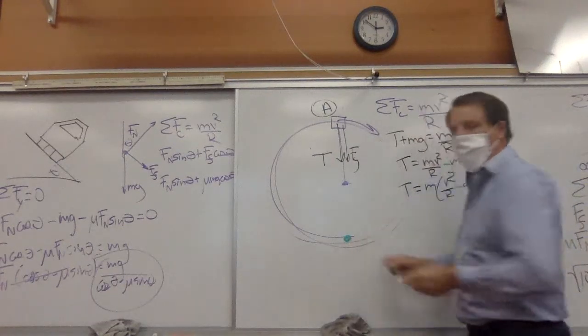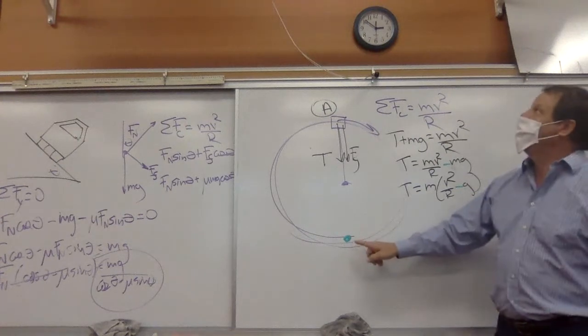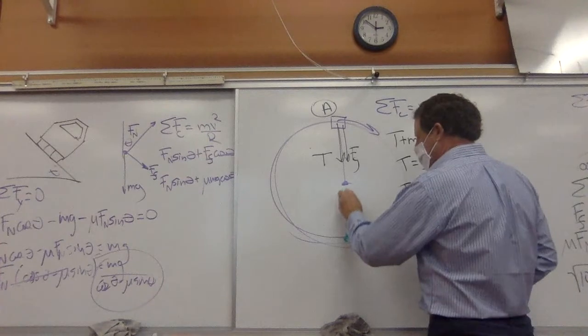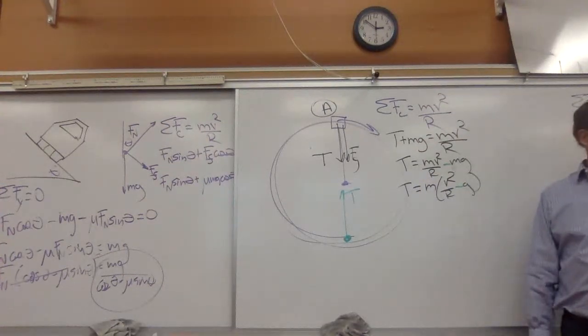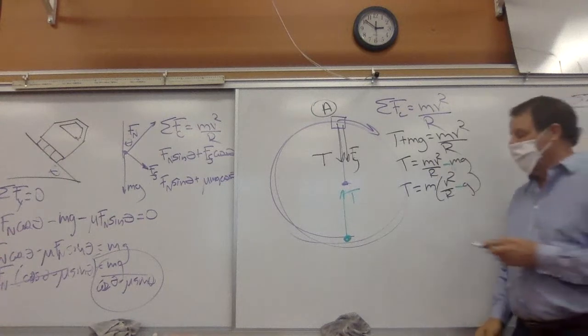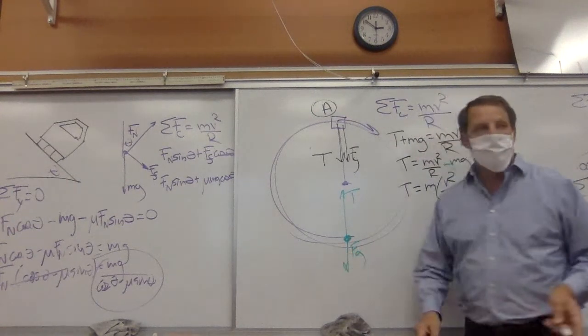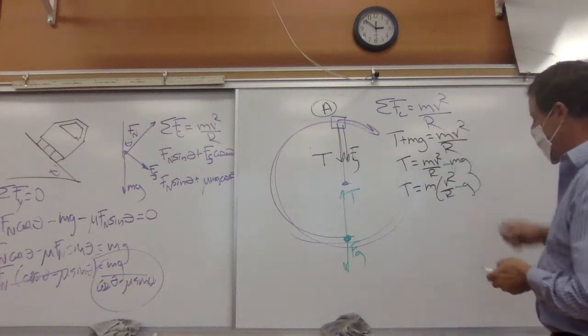Now, let's look at the same thing when we are at the bottom. When we're at the bottom, we're still going to have tension that's going up. But gravity is now going down, right?